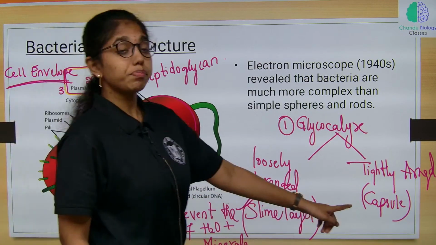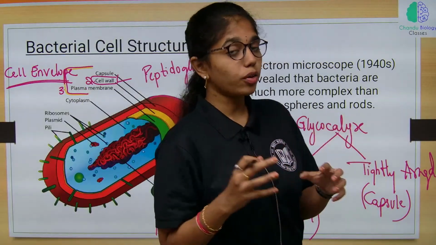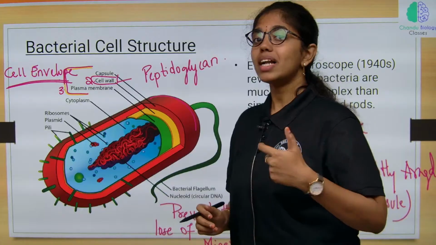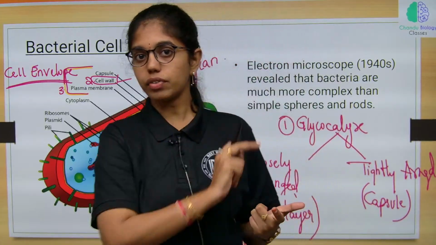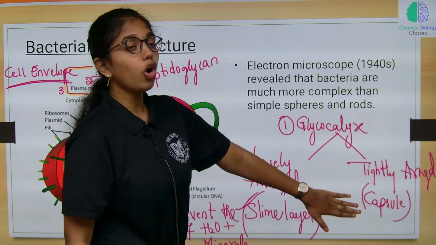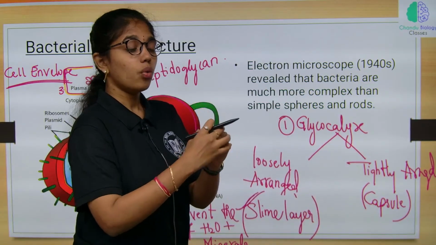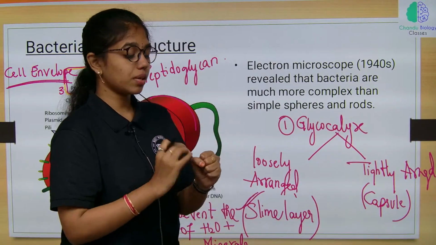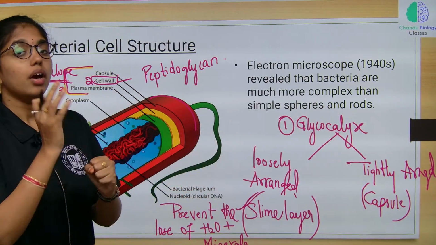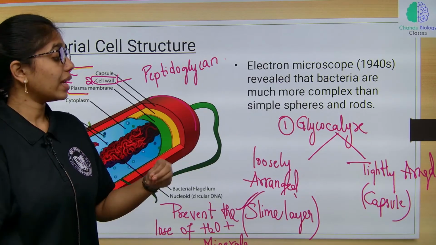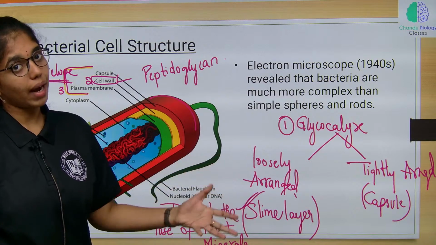If it is a capsule, that is, the glycocalyx is thickly arranged, the outermost layer is a capsule. What is the benefit that bacteria is getting if the outermost layer is a capsule? It will hide from the host immune system. Whenever bacteria is infecting any host, this is a protective sheath that hides the bacteria from the host immune system, and this will also give resistance to antibiotics.